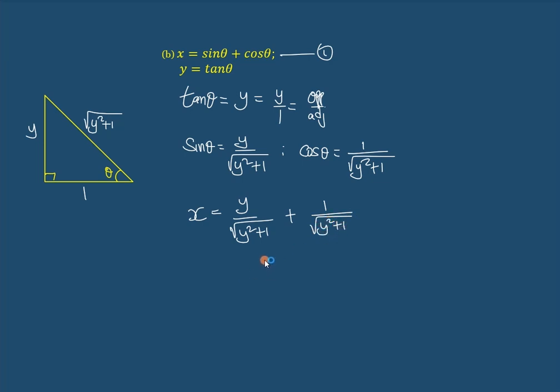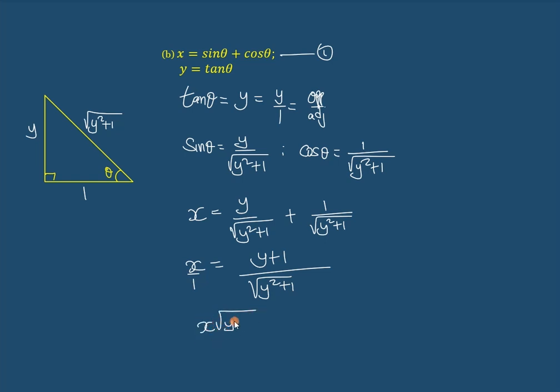You realize that the denominator is the same, so we can have that x is equal to y plus 1 divided by square root of y squared plus 1. We shall cross multiply, assuming that x is over 1.